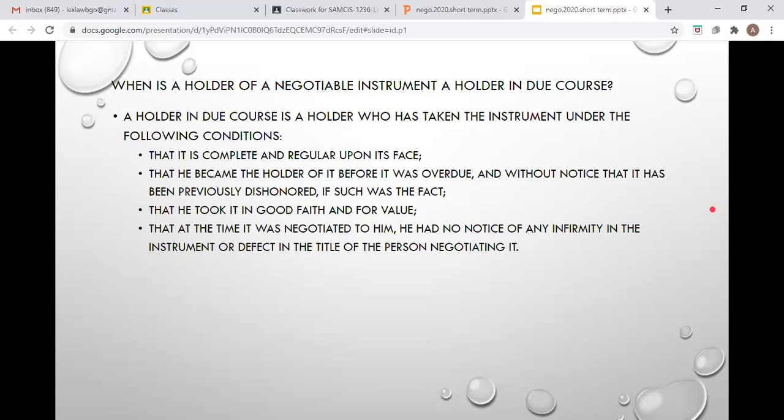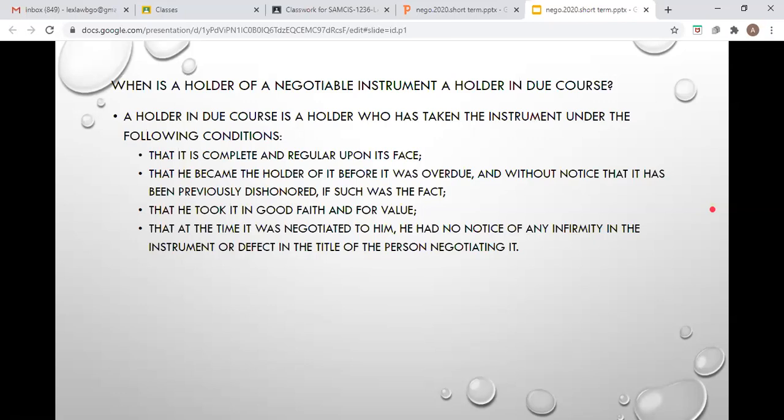Another one is that at the time it was negotiated to him, he had no notice of any infirmity in the instrument or defect in the title of the person negotiating it. The notice of infirmity, the notice of defect being referred to here is actually personal knowledge of that defect, actual knowledge of that defect. Sir, halimbawa po, at the time na tinanggap ko yung instrument, merong chismis na yung pinagkukunan ko, defective yung title niya.